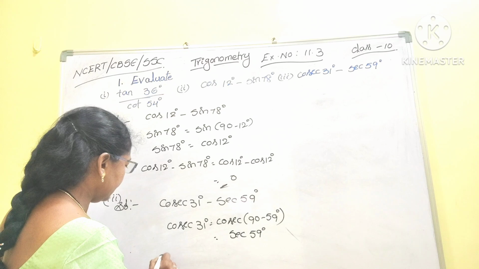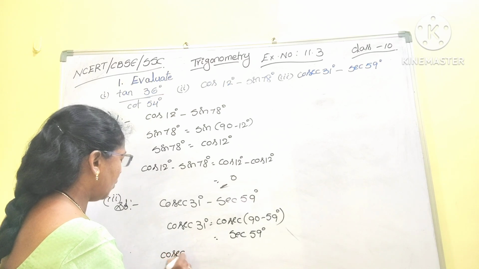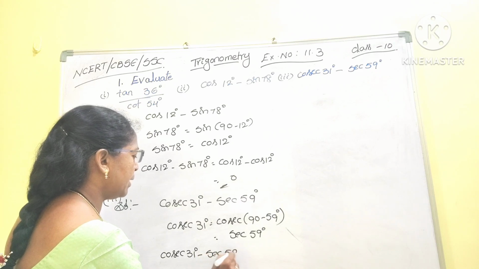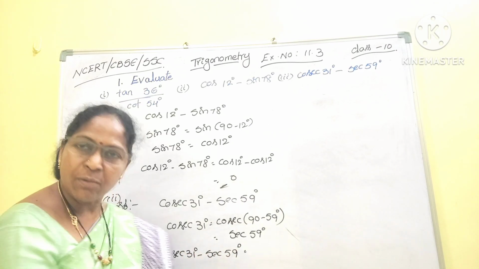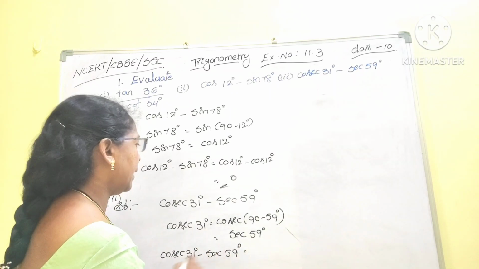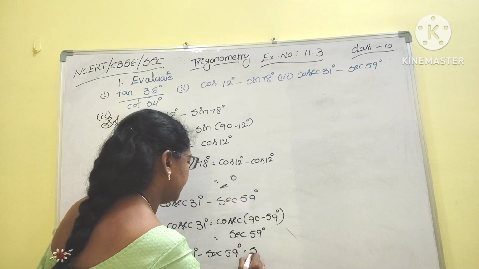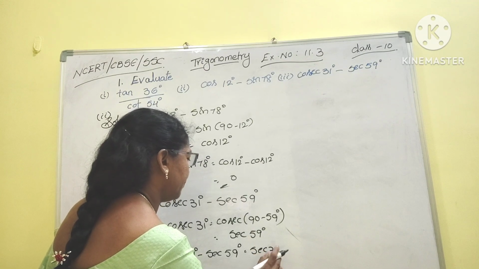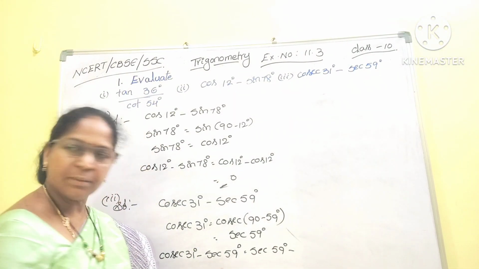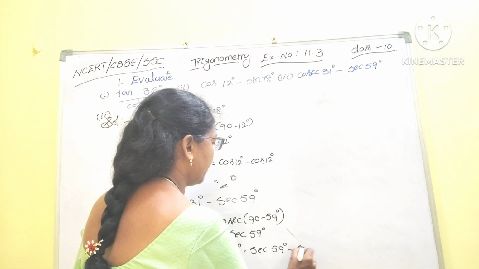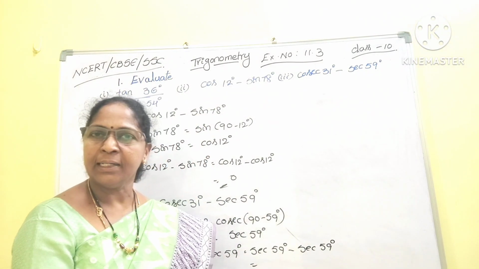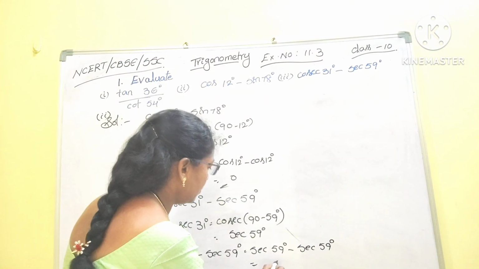Now, in the given question, cosecant 31 degrees minus secant 59 degrees, instead of cosecant 31 degrees you can substitute this value, secant 59 degrees, minus the second one, secant 59 degrees. So, secant 59 degrees minus secant 59 degrees equals 0.